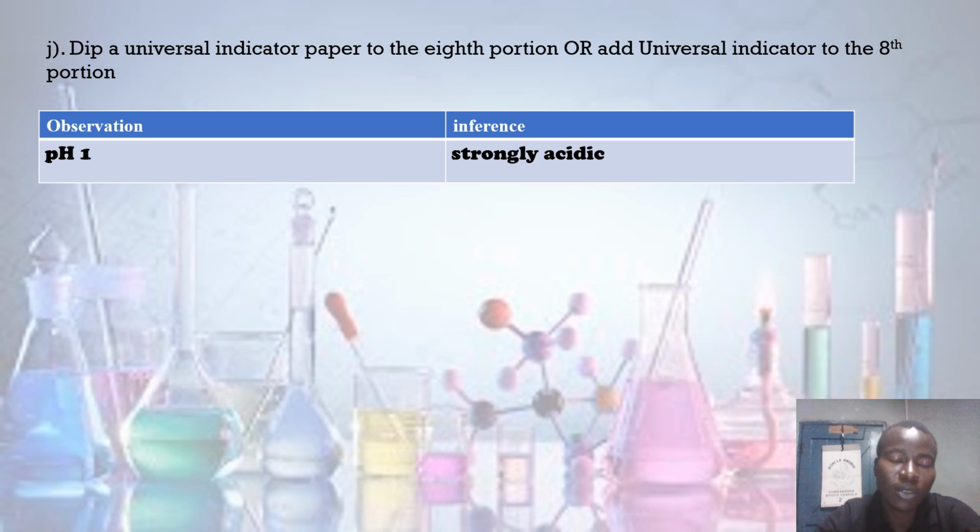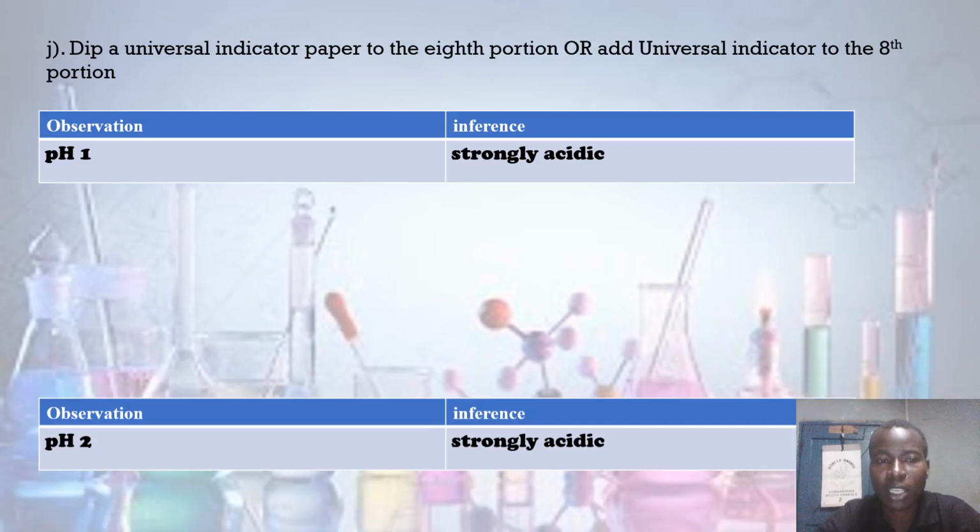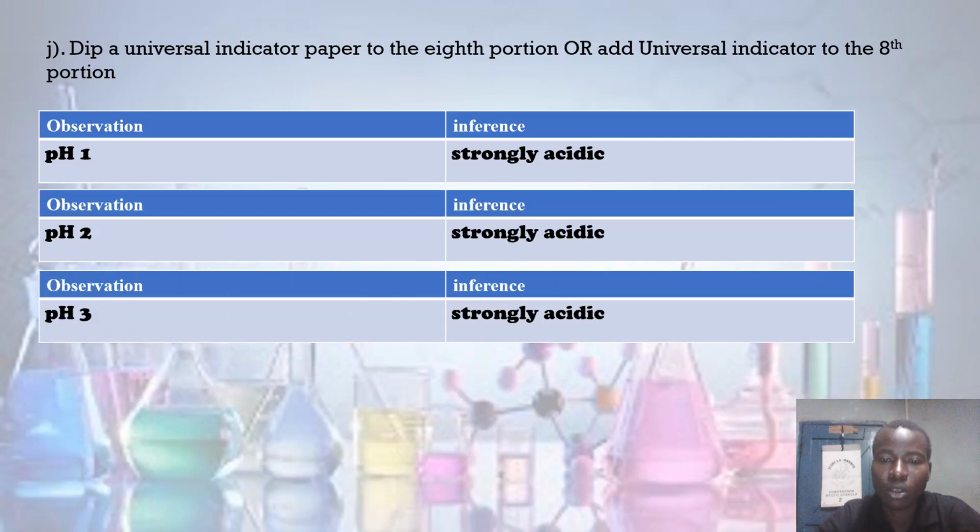This one is very simple. After matching the colors, you read the number that has been written there. It can be pH1, pH2, pH3 and so on; you simply read the number that you see on the pH chart.